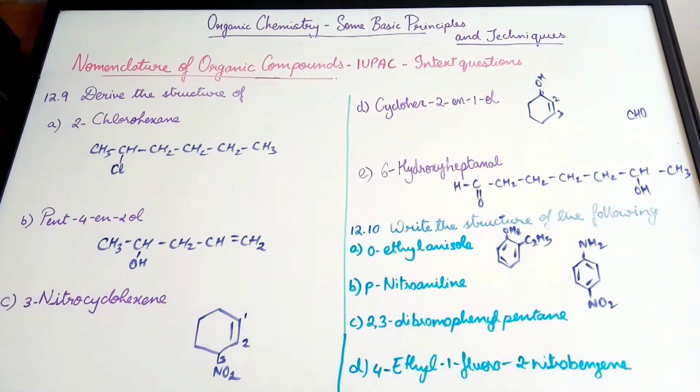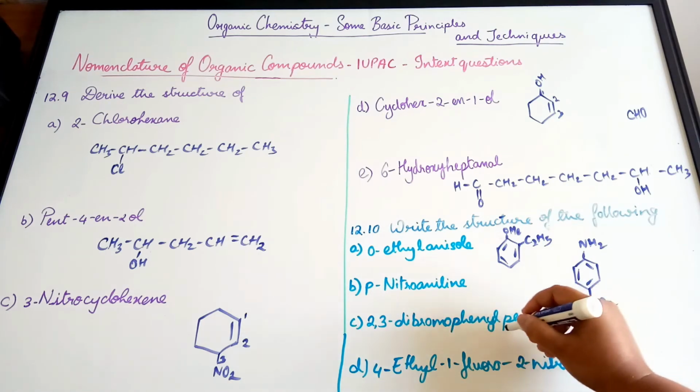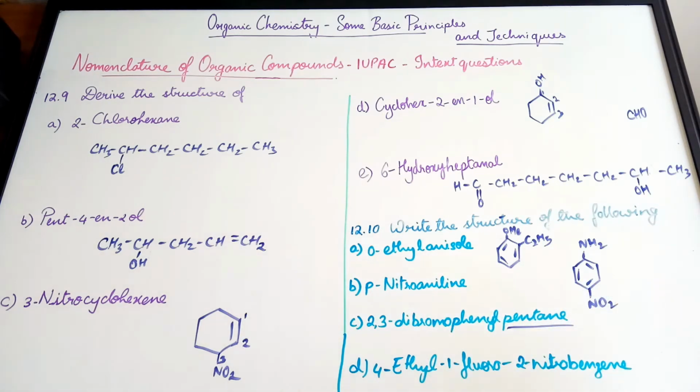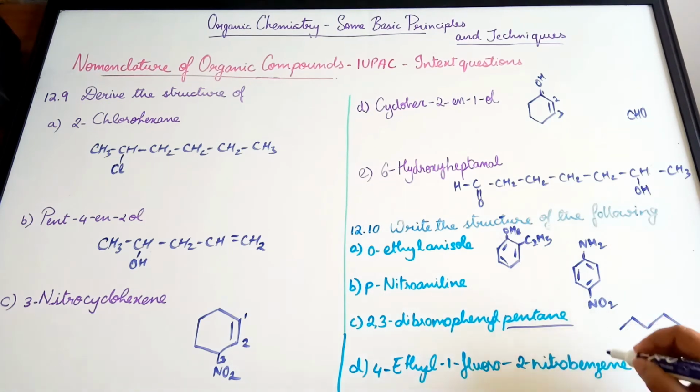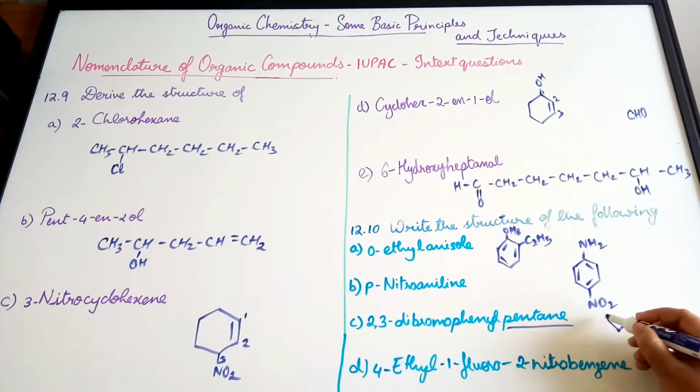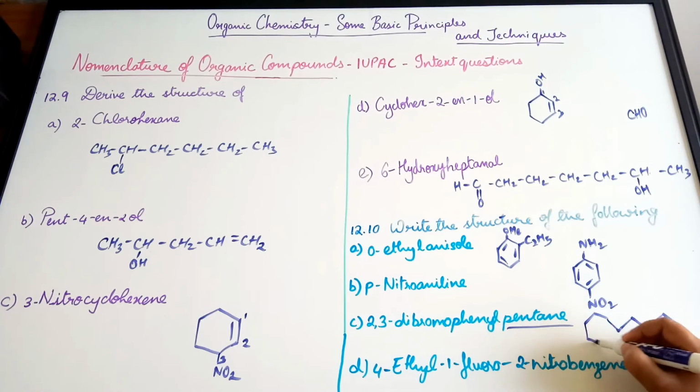Next, dibromophenylpentane. Now this means that there is a pentane straight chain. So methane, ethane, propane, butane and pentane. So 5 carbon atoms basically. At the first position you will have a phenyl ring. So this basically means that the first carbon is bound to a benzene ring.